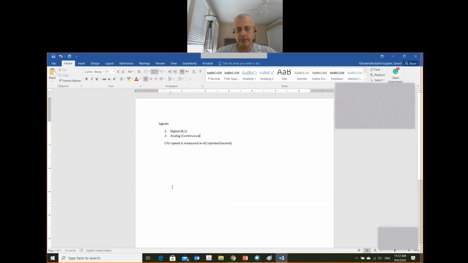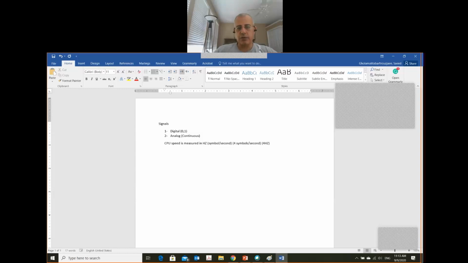That is 4 symbols per second, or 4 hertz. So hertz is the measurement unit that calculates the number of symbols per second, and it is used to measure analog signals. For digital signals, we have bits per second.